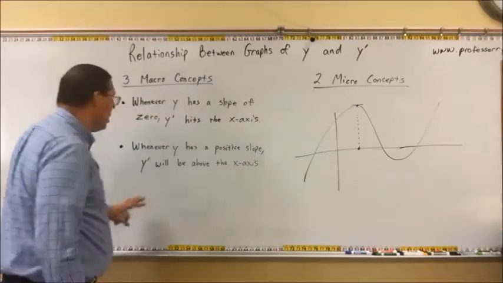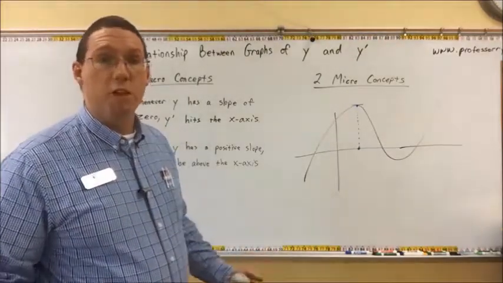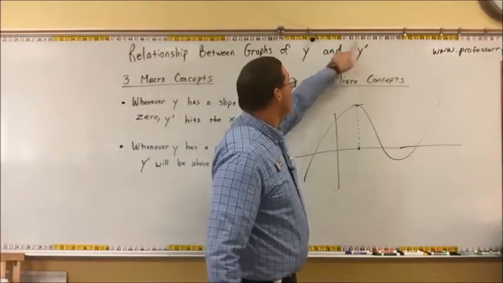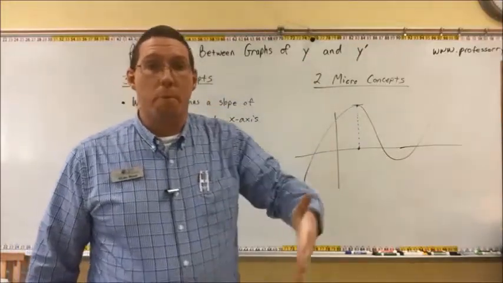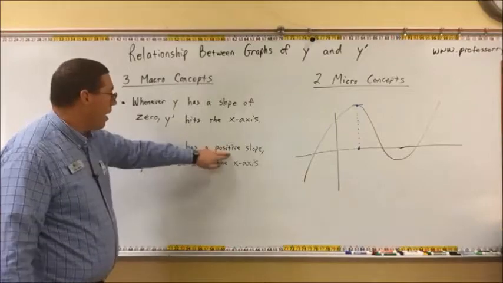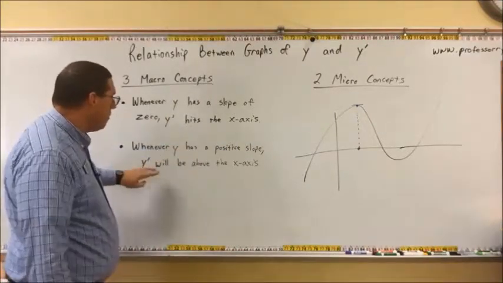Why? Because the derivative y prime is the slope of the function. We've said this several times. Y prime is the slope of y. The derivative is the slope of the function. So if the slope of y is positive, then the value of y prime will be positive.